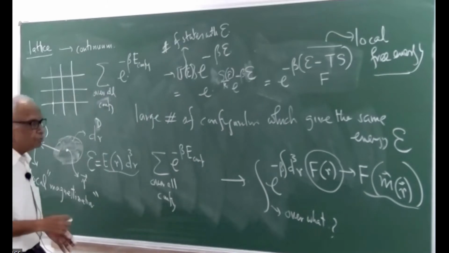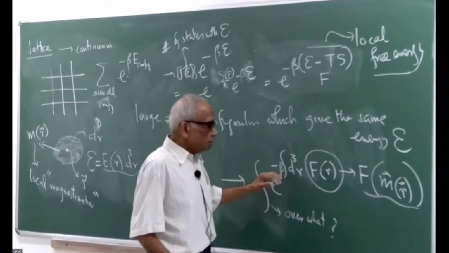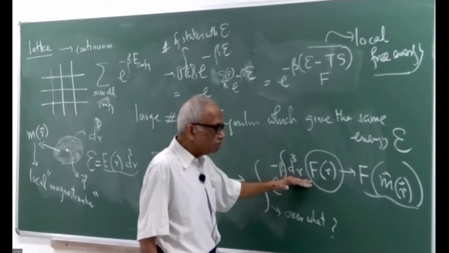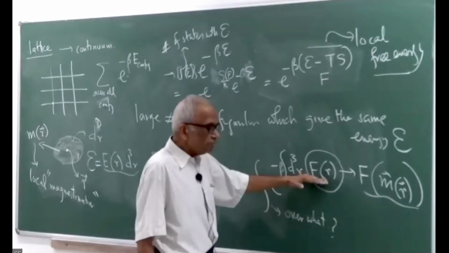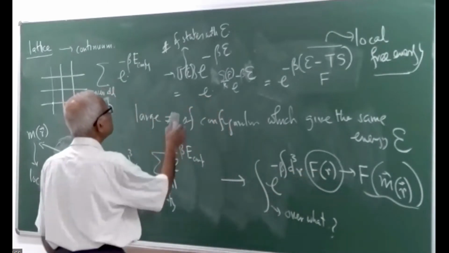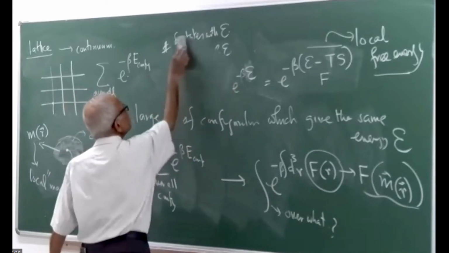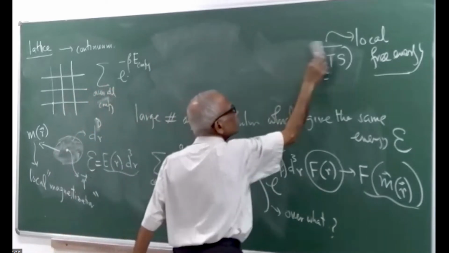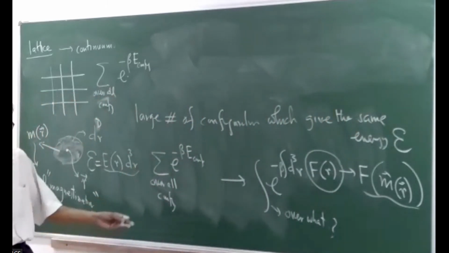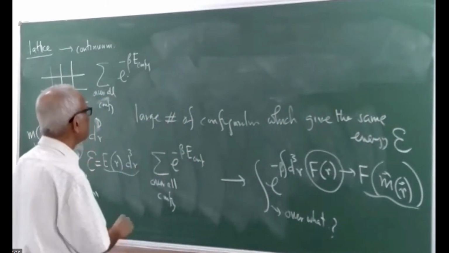So this is an integral over d3r of f of r. Let's try and write down what this is going to be. It's a picture right now rather than the math. The math will come a little later.